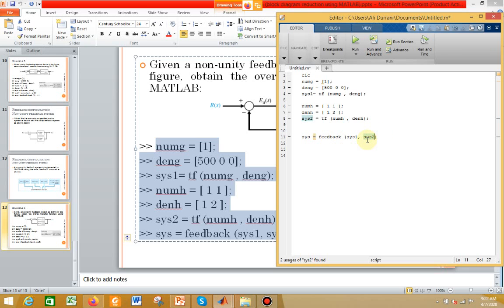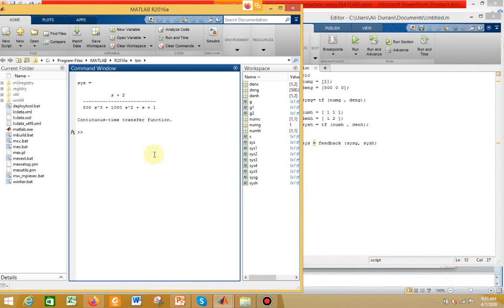I can add comma -1 here, or I can simply skip this -1 and simply write system 1 and system 2. You can also write it as system G and system H if you want to remember that system G is actually the transfer function and system H is actually your feedback. So you can write system G and system H. So just execute this code and you will get the result over here.